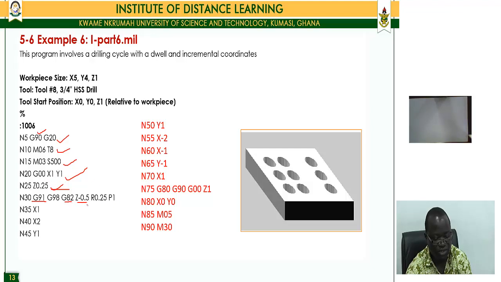Okay, so we are moving Z down minus 0.25 on this same point P1, but now any coordinate that we give is relative to this coordinate 1,1. So if we give X1 relative to this, it means it is X2. If we give X2 relative to this one, it means it is X3. If we give Y1 relative to this, it is Y2.